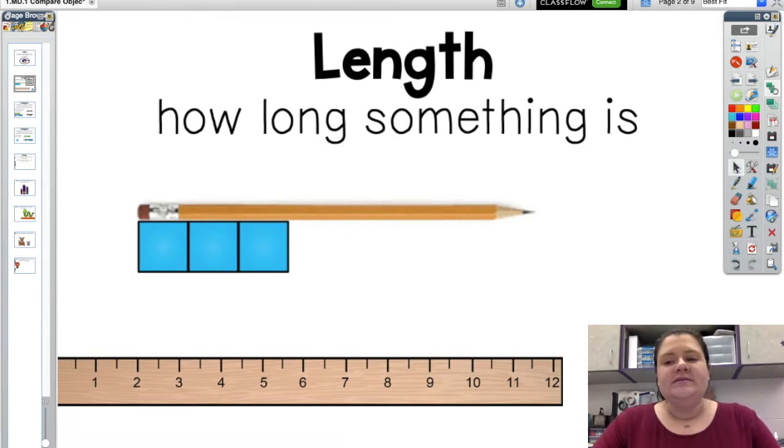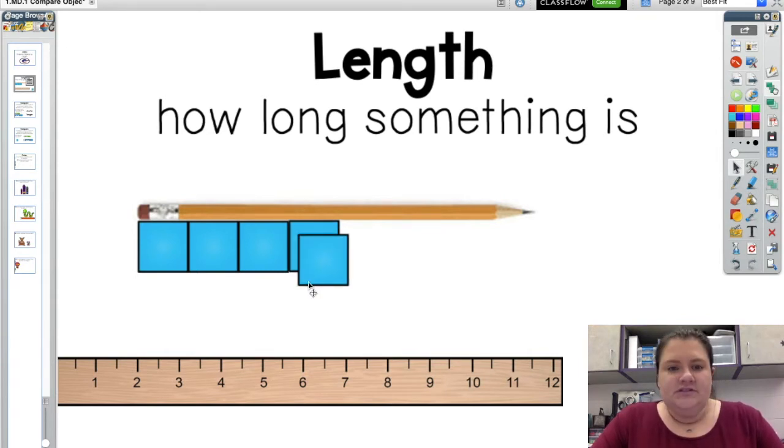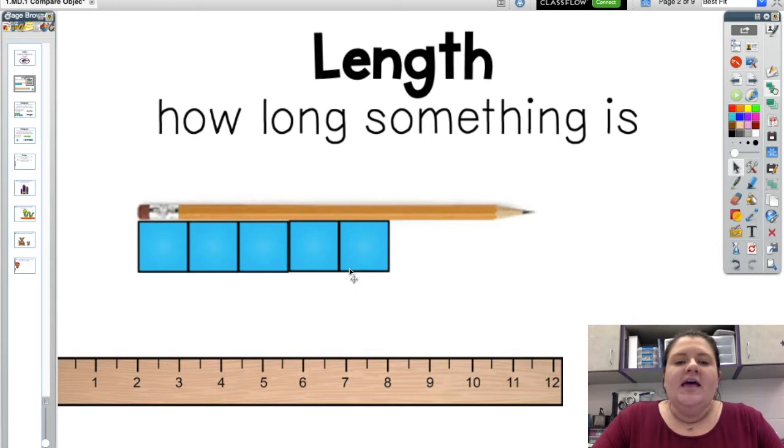And if you notice as I'm lining them up, I am not overlapping them like that. No, when I'm finding the length of an object, and I'm using something other than a ruler, like if I'm using erasers, which is something I love to use to measure, I want to make sure that they line up together and they're touching end to end. I don't want them overlapping on each other.